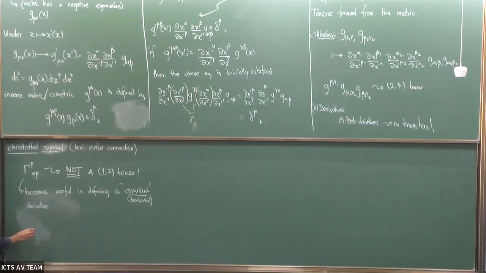So let's say you took a vector, v mu, and I just did del nu. This didn't work. Why didn't this work? It gave an extra term, and so this doesn't transform like a tensor. So now you say I want to add something to this such that it becomes a tensor.